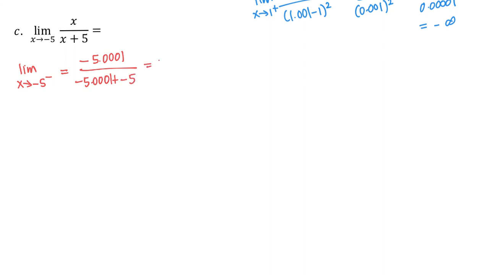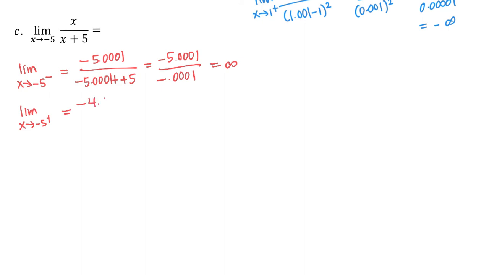So negative 5 point something over, and that's a positive 5, just kidding. So I have kind of like a negative 5 divided by negative 0, which is going to give me a positive infinity. Okay, now let me consider it approaching negative 5 from the positive side.